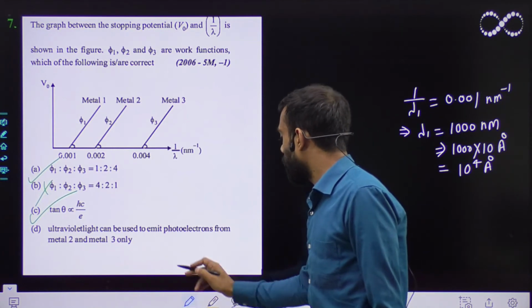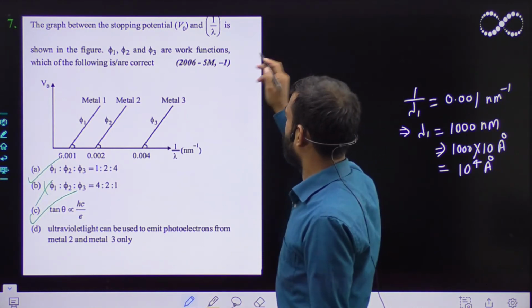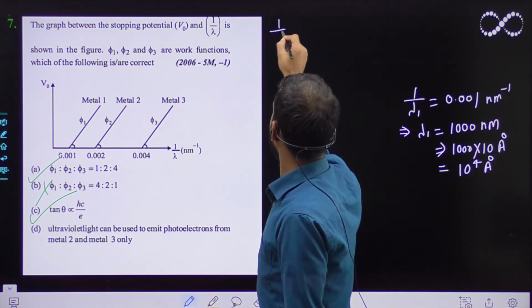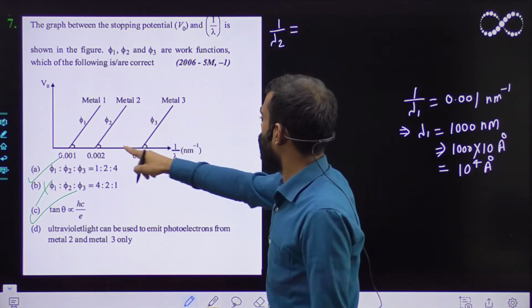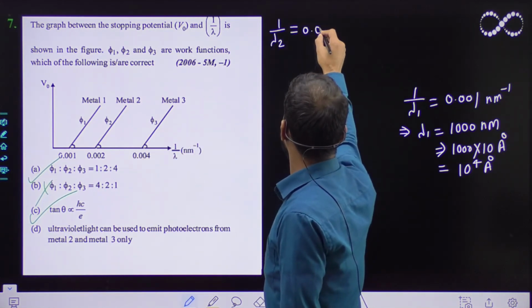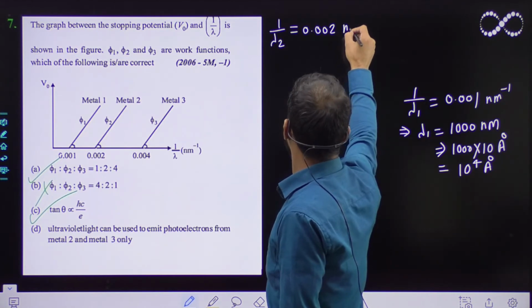Now let us find the cutoff wavelength of the second metal. 1 upon lambda 2 is given in the question as 0.002 nanometer inverse.